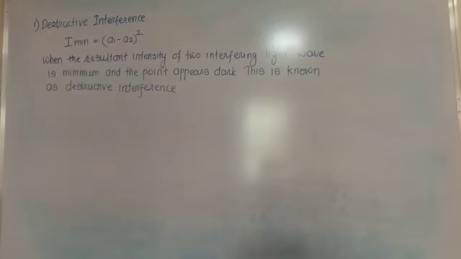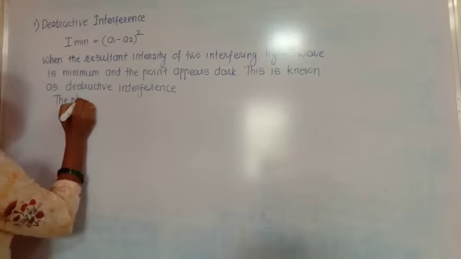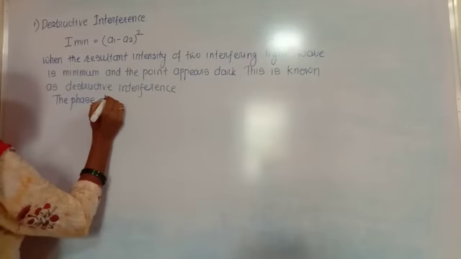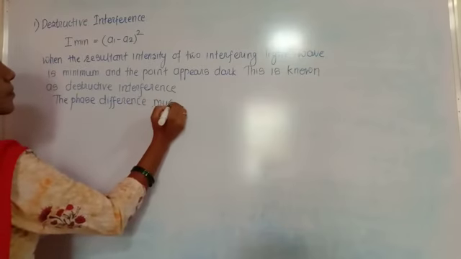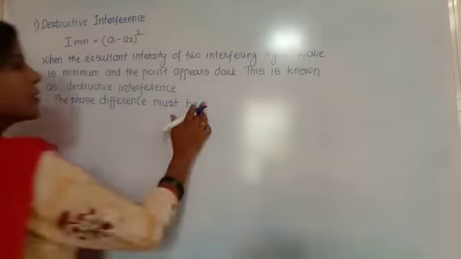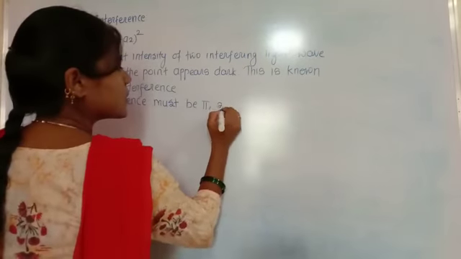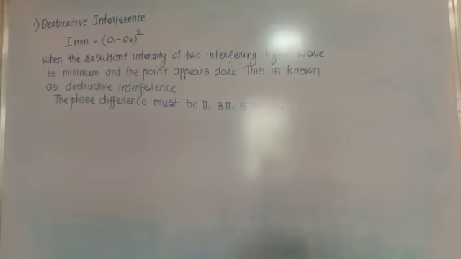and this is known as the destructive interference. The condition for destructive interference, that means the phase difference between the two light waves must be pi, 3 pi and 5 pi, up to n number.